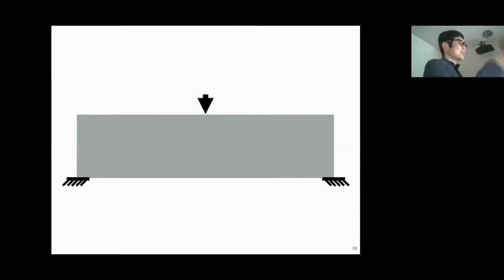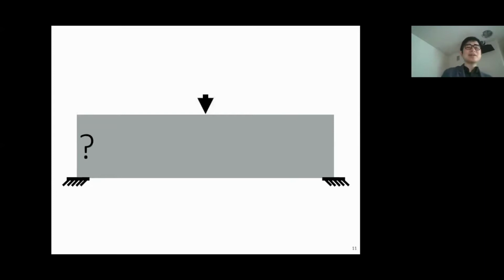For example, if we have a rectangle in 2D, and we want to create something that can bridge these two sides, with a force applied on the middle top, it has to be very stiff. It should not crash or deform drastically. And we can use, for example, only 20% of material in this space.